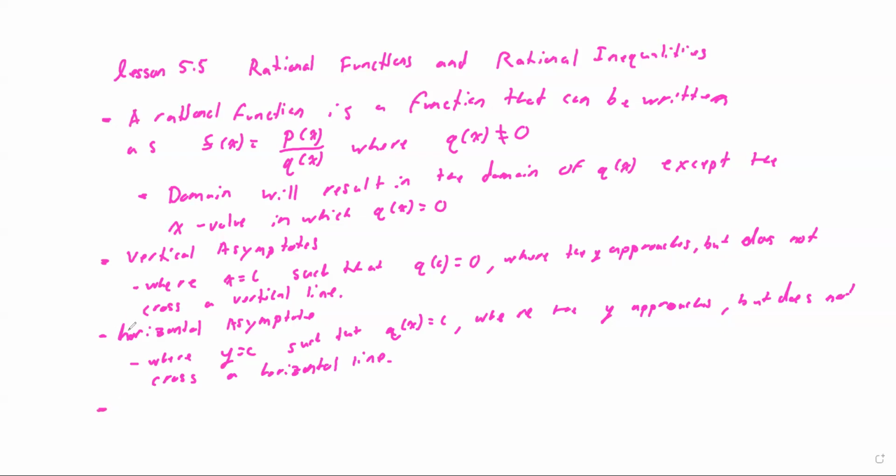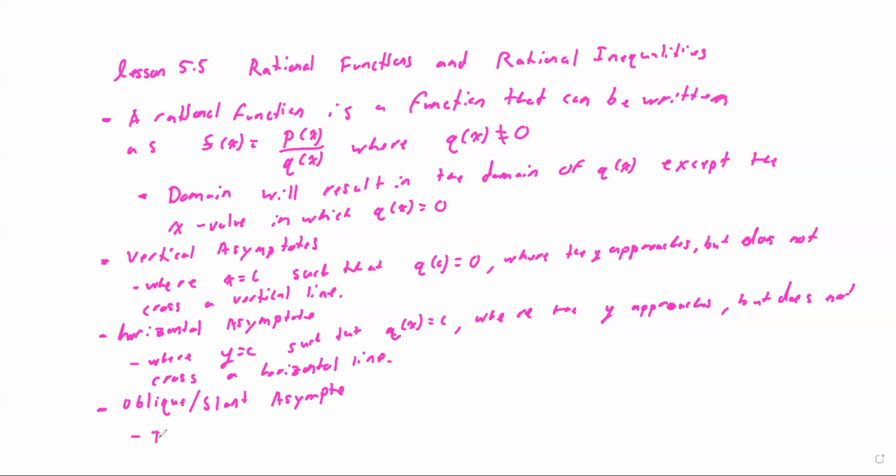If there is no horizontal asymptote, that means there is what we call an oblique asymptote. You might see a textbook also use the word slant.